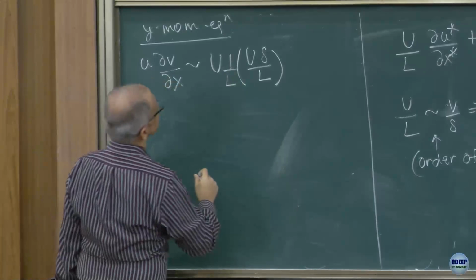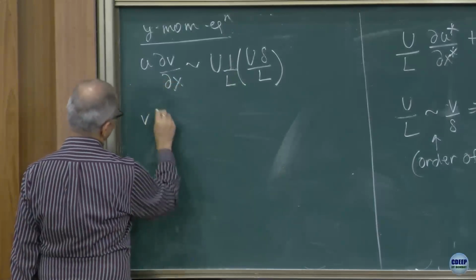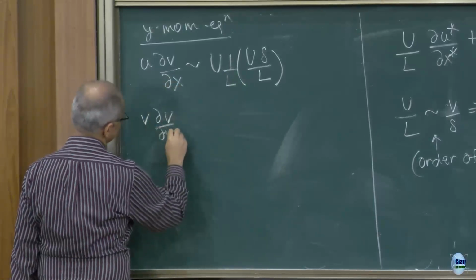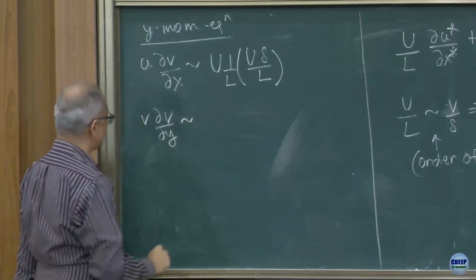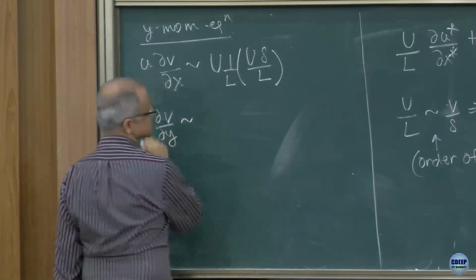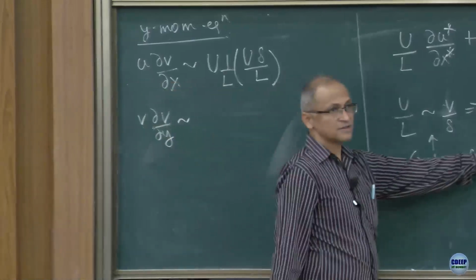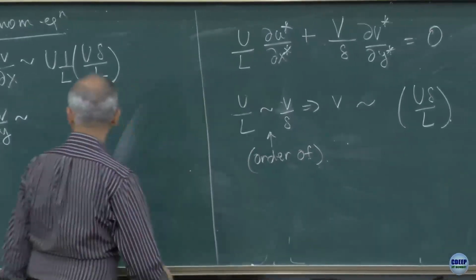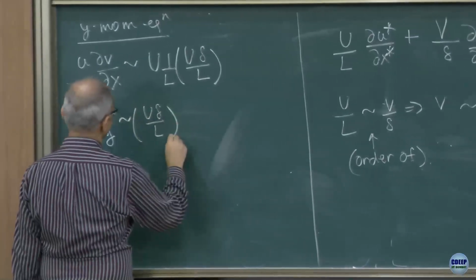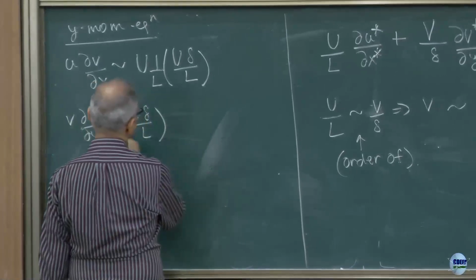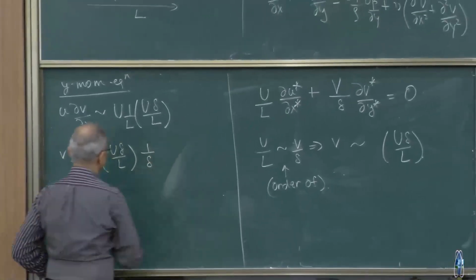Now let us look at the other term, V dou V dou Y. How should this scale? V is scaling as U delta upon L, same with this V, and this Y is going to scale as delta.